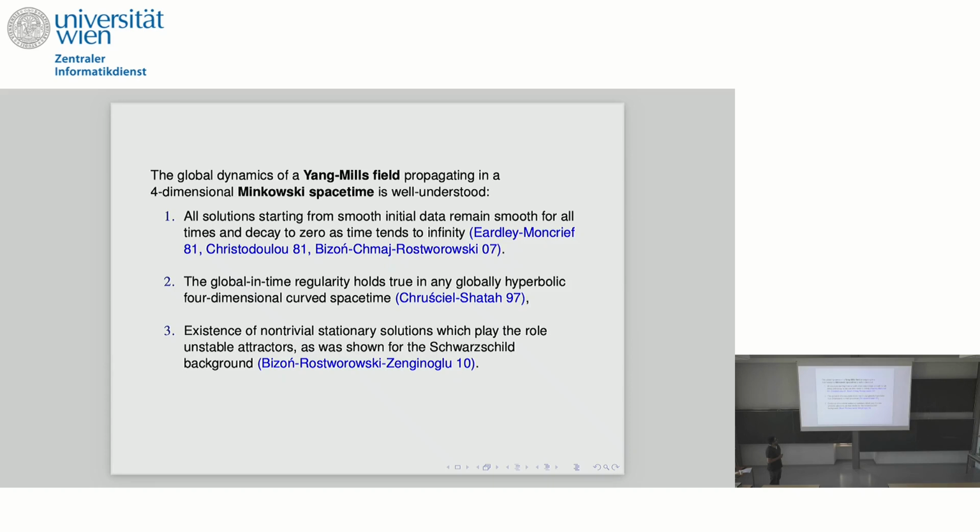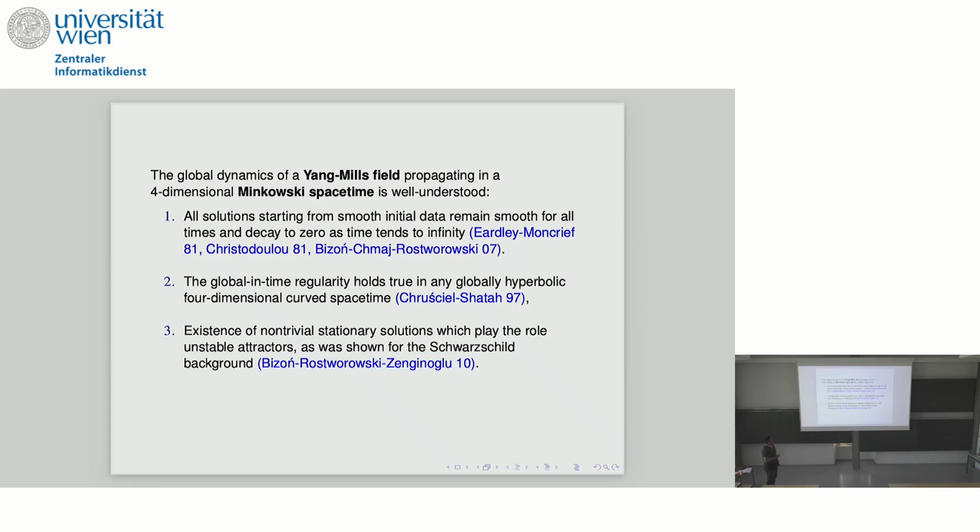So if you start from initial smooth data, and you consider only 1 plus 3, in 4 dimensions, then you are smooth for all times, and you have decay as time tends to infinity. These are all results from the 80s. Then you have a conservation of regularity in a very general setting if your manifold is globally hyperbolic, right?